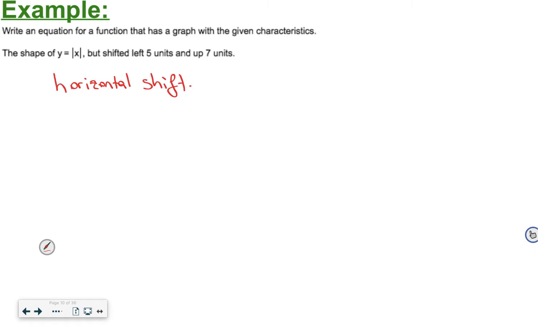Your horizontal shift is 5 units left, so you will say that h is negative 5. And what is the vertical shift? 7 units up, because you are going up, it's positive 7. So this is h, this is k.